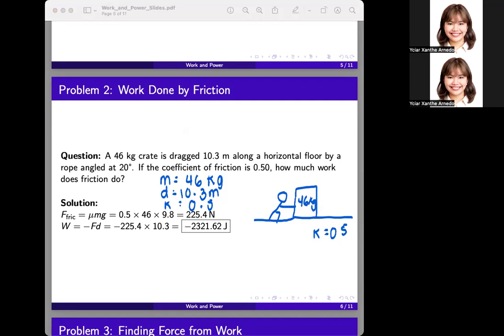Now let's draw in the diagram the forces. So in the crate, there is F grav acting on it. That means there is also a normal force.